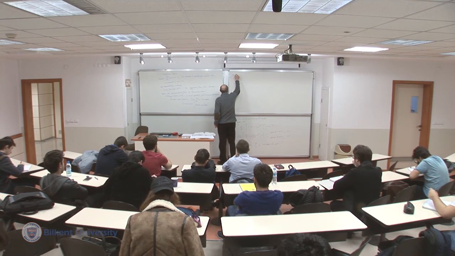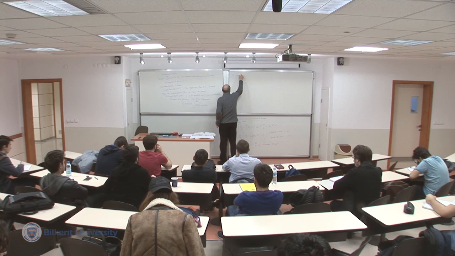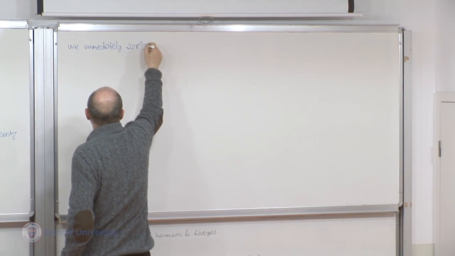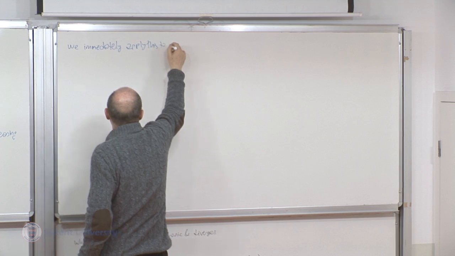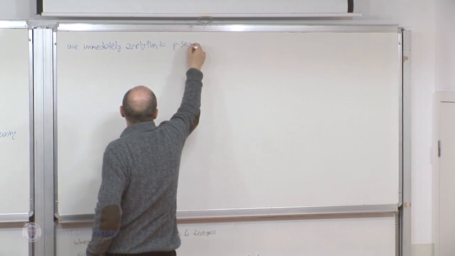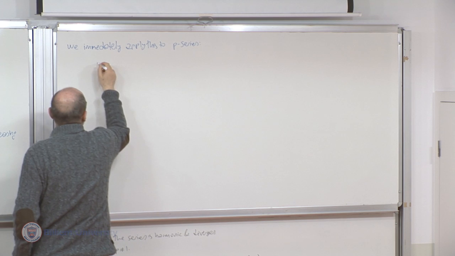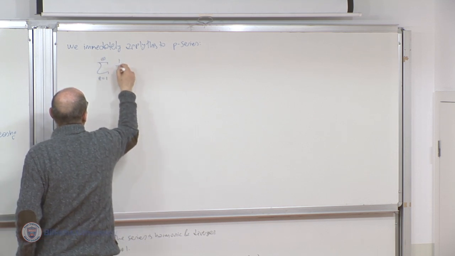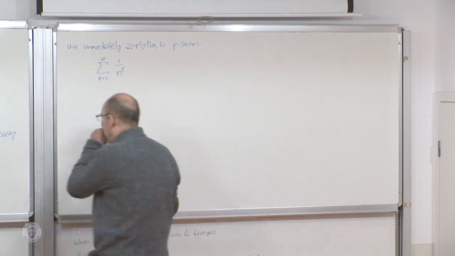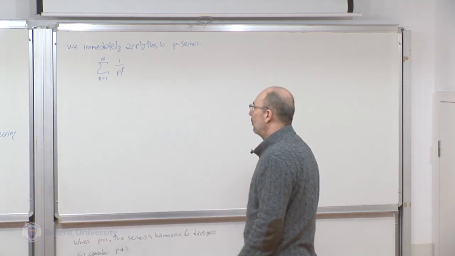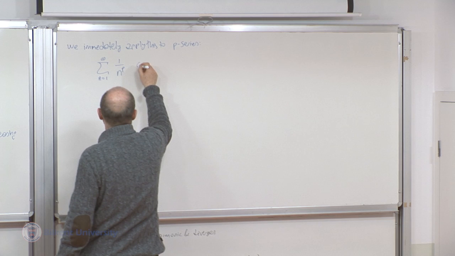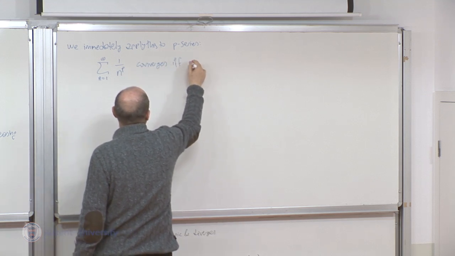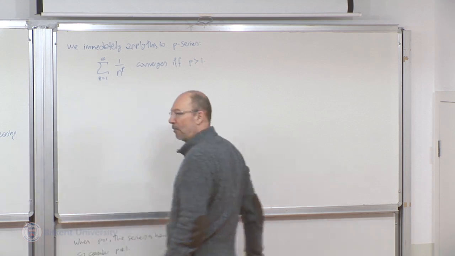Okay, so we immediately apply this to P series. Okay, so P series is the sum from n equals 1 to infinity of 1 over n^p. It converges if and only if p is strictly larger than 1.